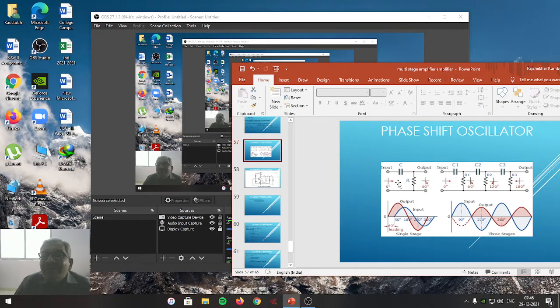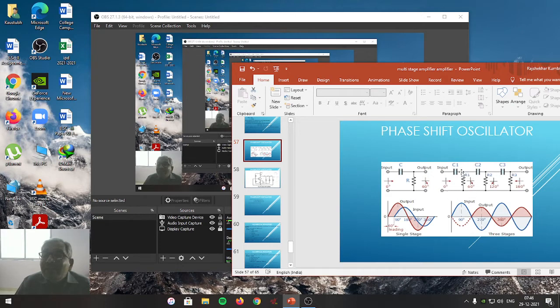If such 3 tank circuits are used, which is represented here, that is, this is one, this one is second, and this one is third, formed by R1C1, R2C2, R3C3, provided that R1 equal to R2 equal to R3 and C1 equal to C2 equal to C3.